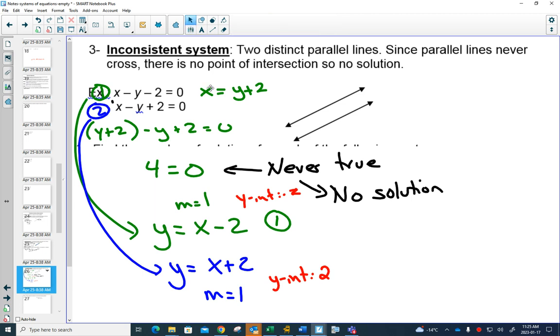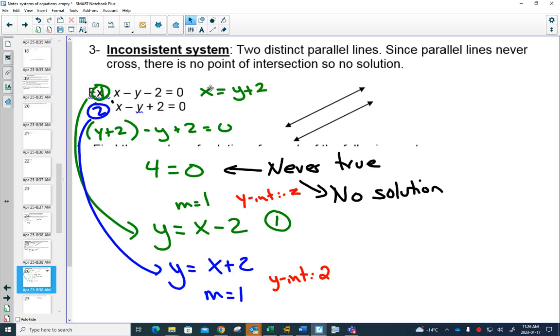So if you change things to y equals mx plus b and two things have the same slope, but different y-intercepts, that would mean that they're parallel and they will never intersect. If you change to y equals mx plus b and both equations are identical, well then you know that they're the same line and they have an infinite amount of solutions.